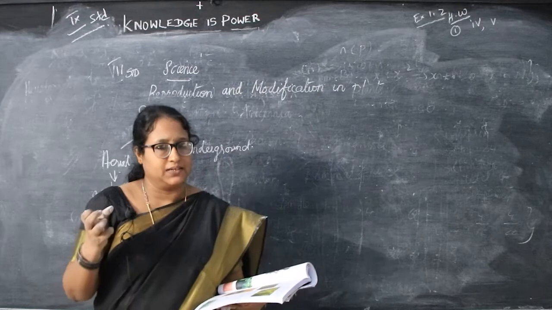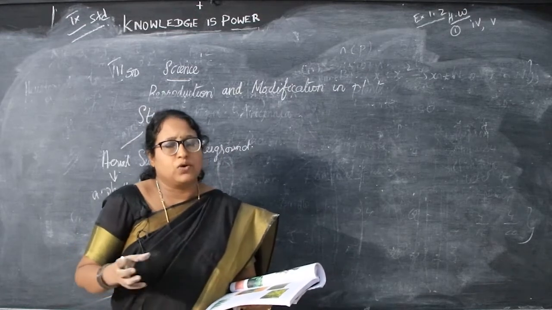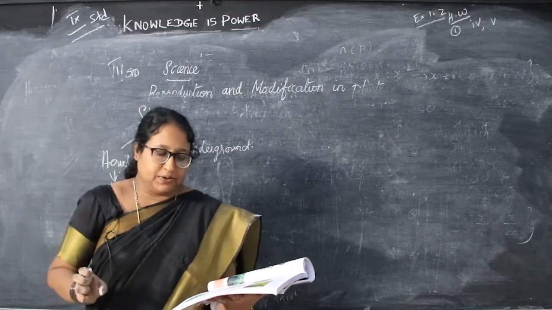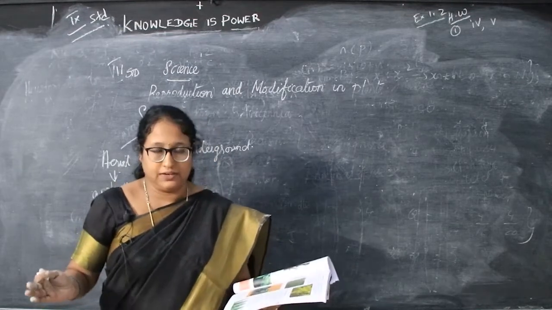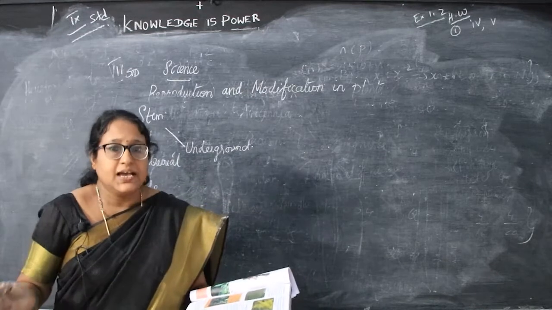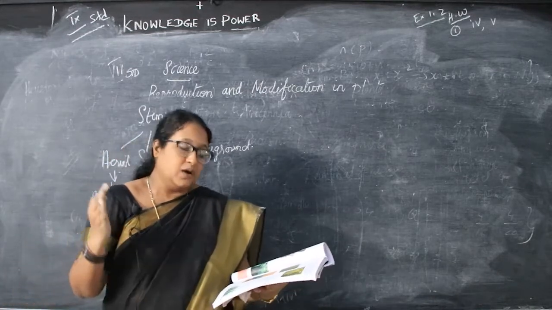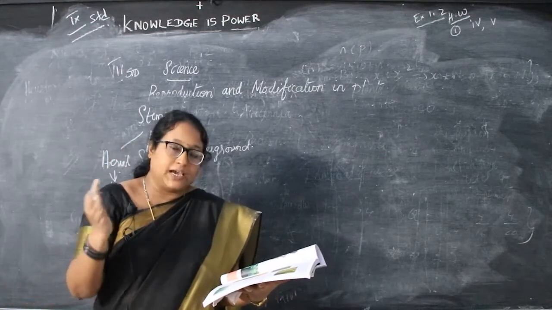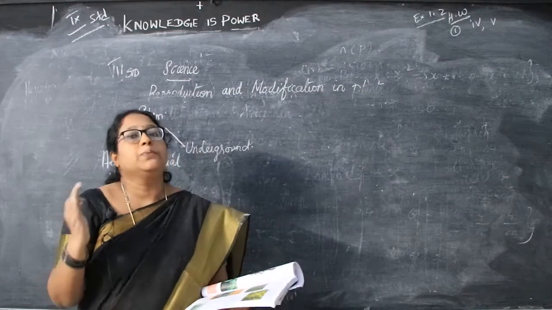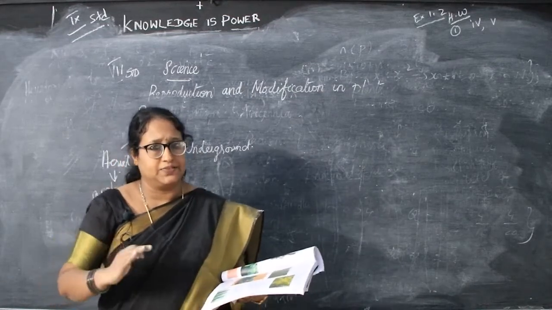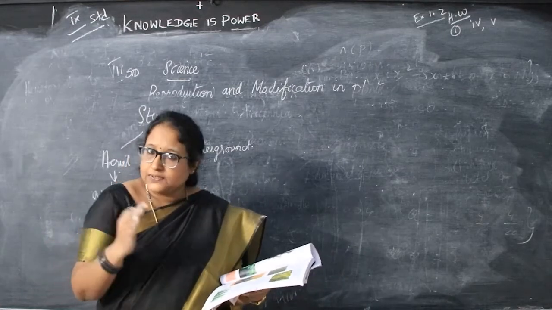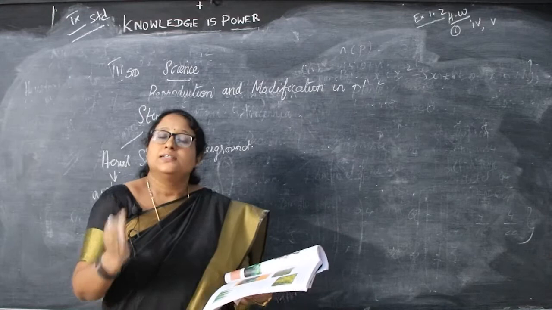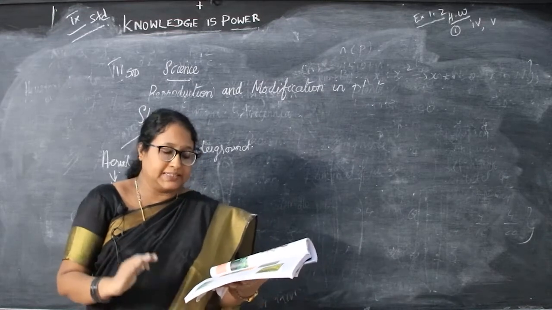What happens if the surface area is large? Evaporation also takes place more. And if the surface area is small, the evaporation will be less.